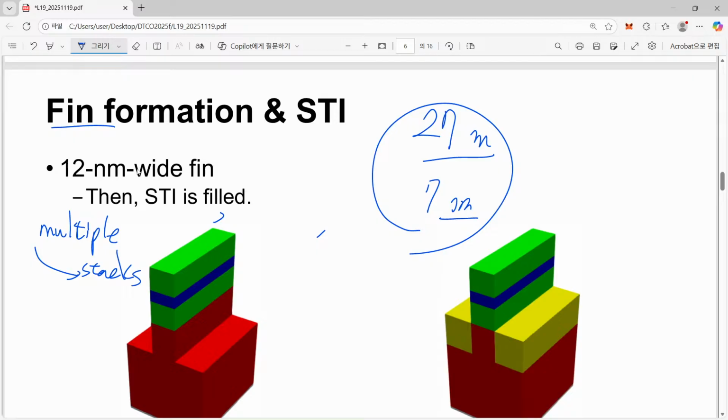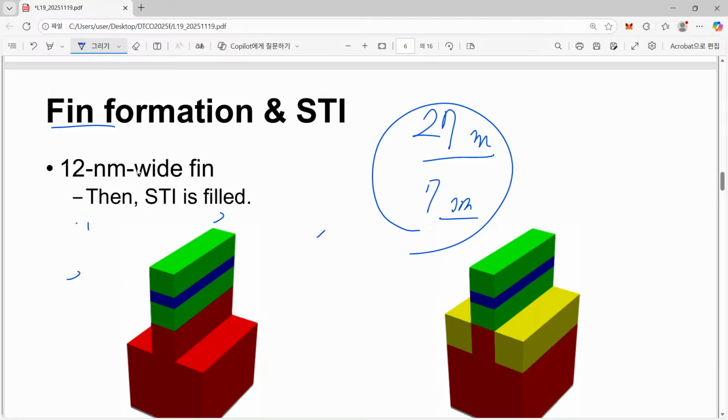We are using a wider area, but instead we intentionally introduce 3 stacks, so it can be regarded as 90-degree rotated fins in some sense. Previously we had fins in the vertical direction, but they are just rotated 90 degrees to match the effective width.